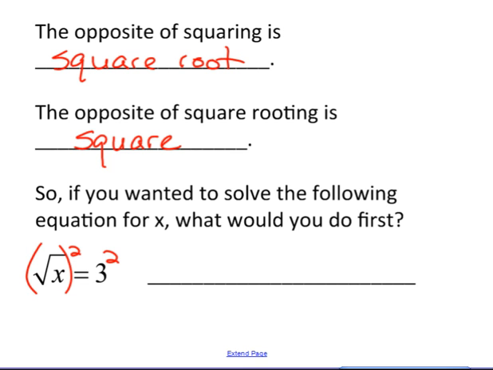So this square right here is going to cancel out with this square root. And on the left, you're left with x. And on the right-hand side, remember that's 3 times 3. It's not 3 plus 3. 3 times 3 is 9.